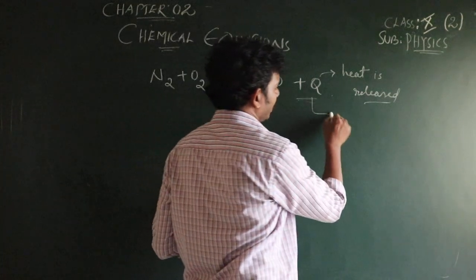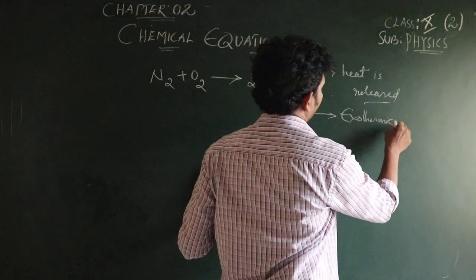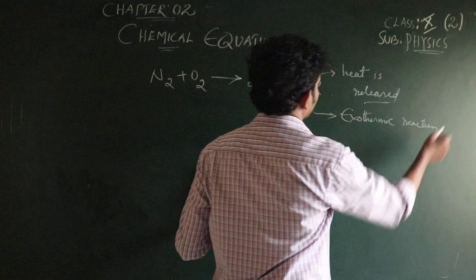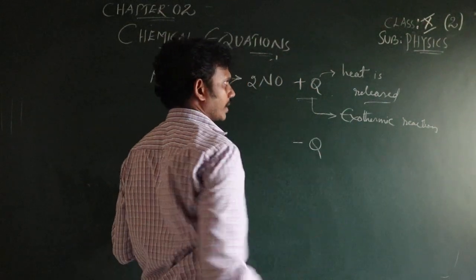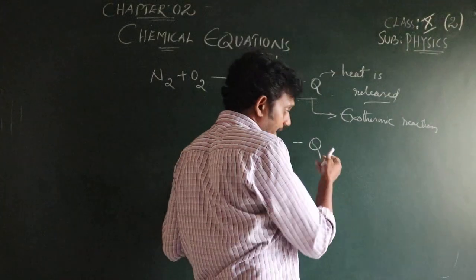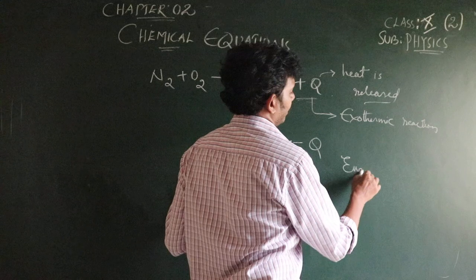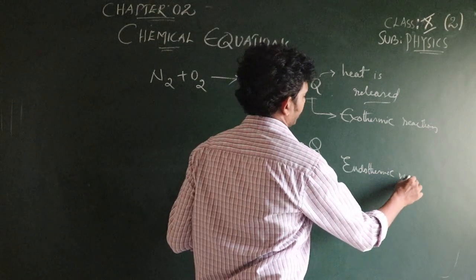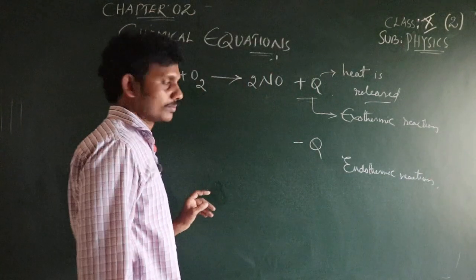Then it is also said to be an exothermic reaction. Got it? If minus q is there, then remember, heat is absorbed. Then it is said to be an endothermic reaction.